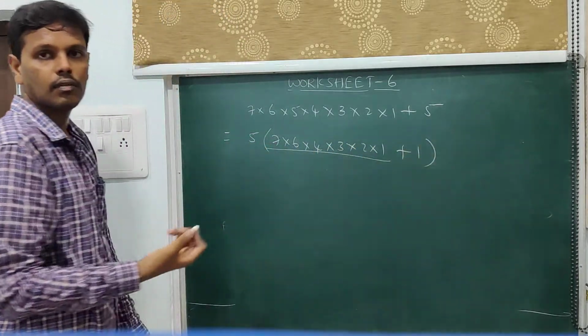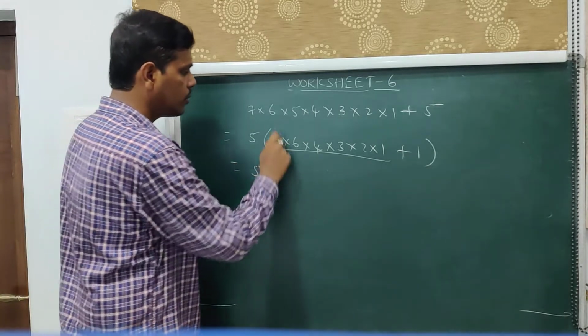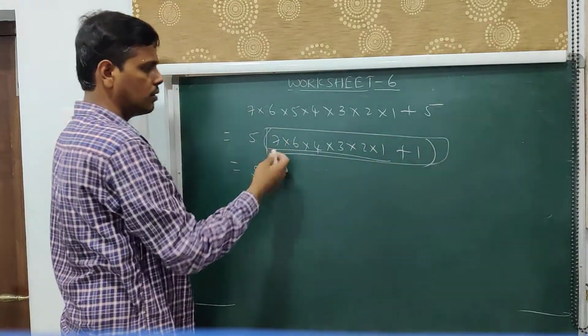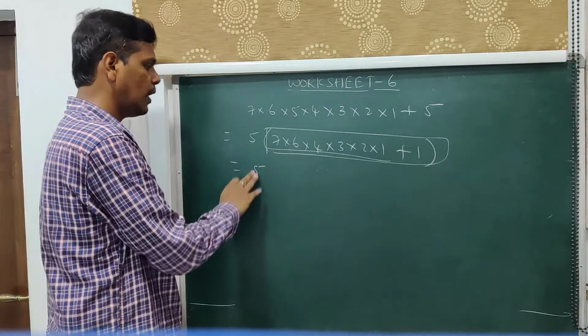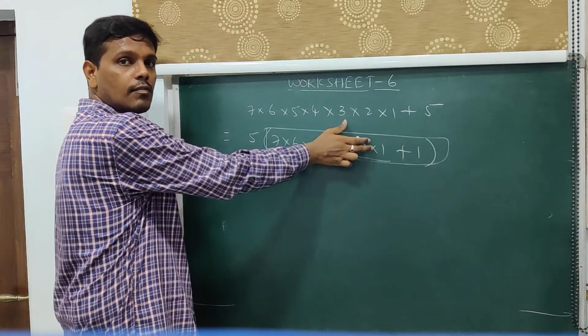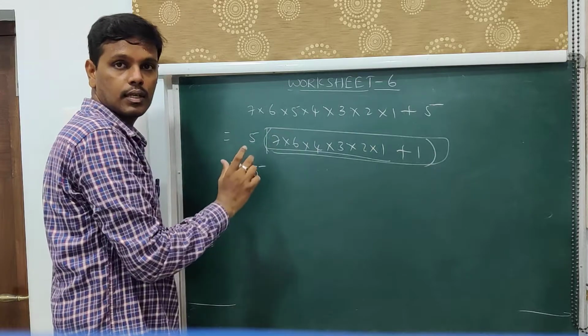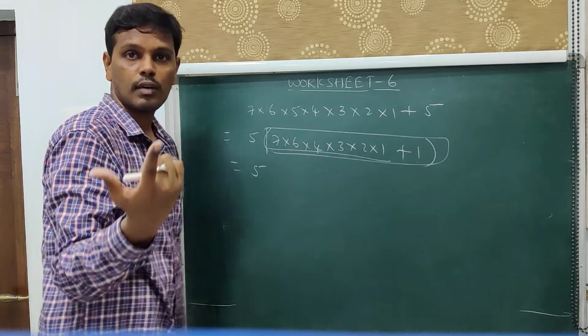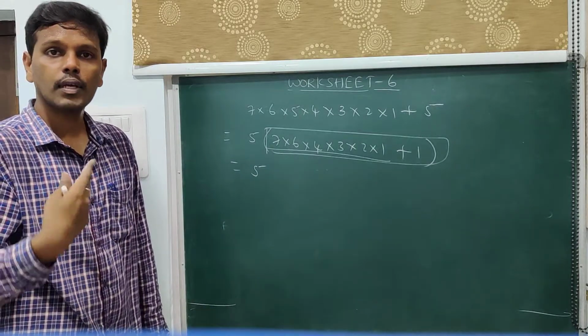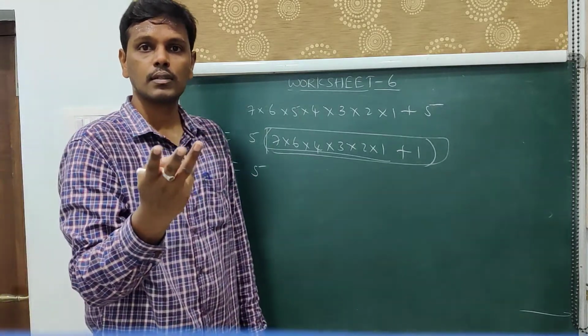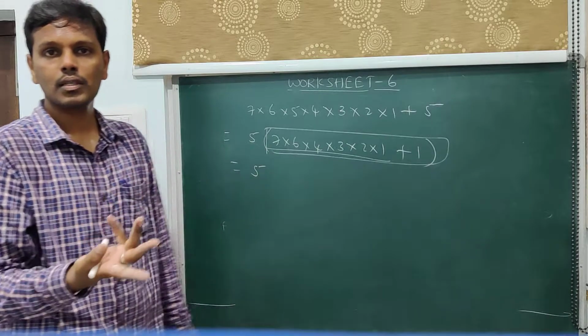Multiply this entire value out and you will arrive at a number. So 5 is a factor, and this entire number is a factor. So there are 2 factors. Apart from these 2 factors, you also have 1, because 1 is a factor of every number. So we are able to find at least 3 factors. Therefore, that is not a prime, because a prime number contains only 2 factors.